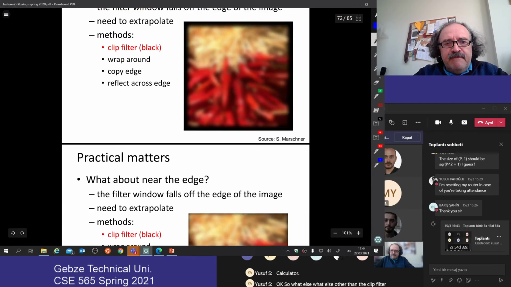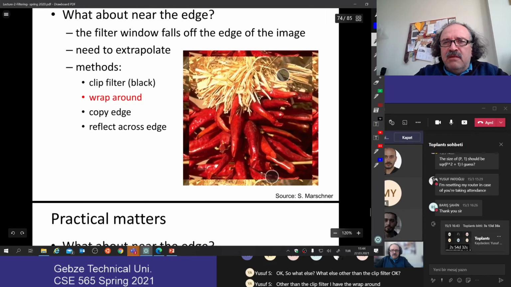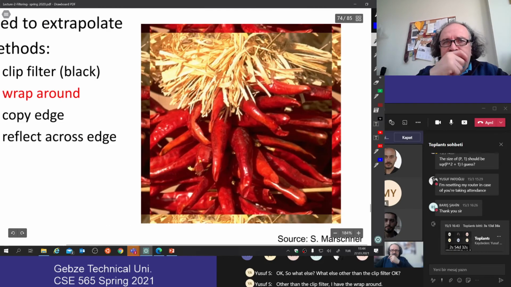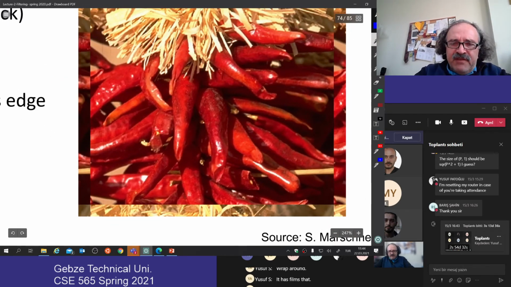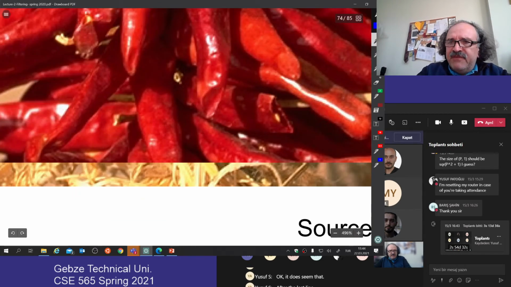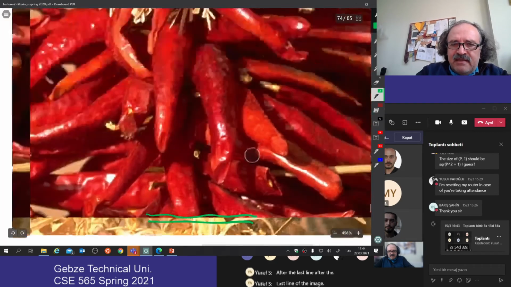Other than the clip filter, I have the wraparound. Wraparound filter does this. Do you see what it does? It assumes that after the last line of the image, the first line starts again.